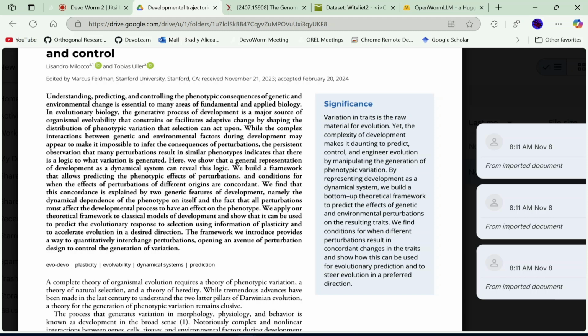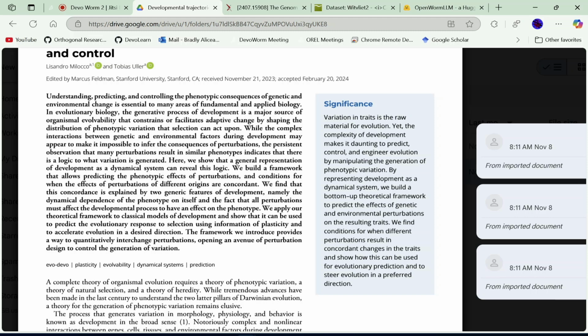So that almost speaks to the model of the variational autoencoder. There's this variation that's sort of latent, but then there's some structure to how it's put into practice in the world. Here we show that a general representation of development as a dynamical system can reveal this logic.